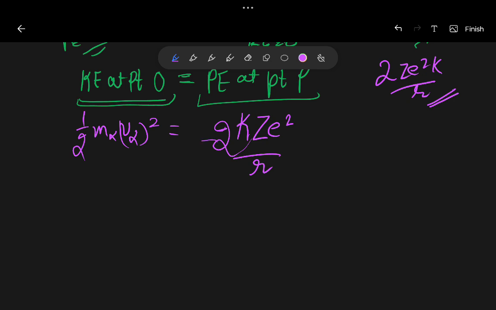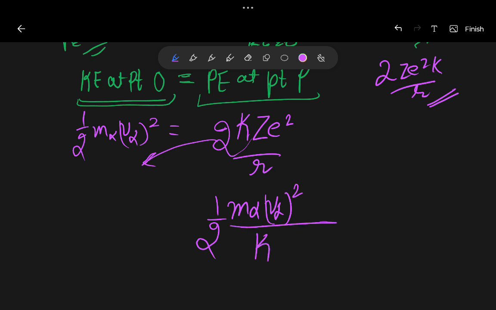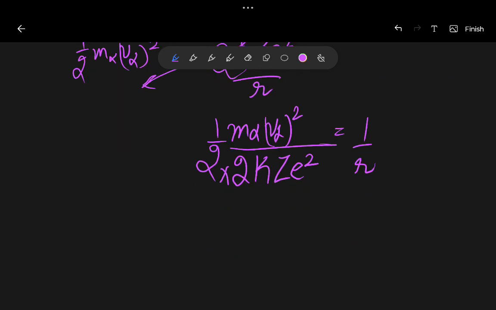So it will get multiplied here, so it will be 1 by 2 m alpha v alpha square upon k z e square into 2, right? Into 2 will be 1 upon r.